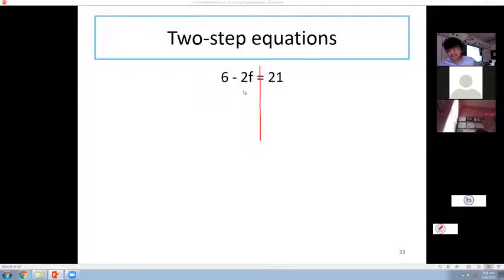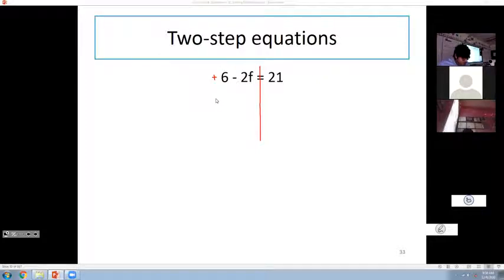Now, let's look at the left side. Negative 2f is added to positive 6 in here. So what we should be doing here, we are supposed to take away this positive 6. But don't forget this. We are always supposed to do inverse operations to take away, to destroy the numbers.